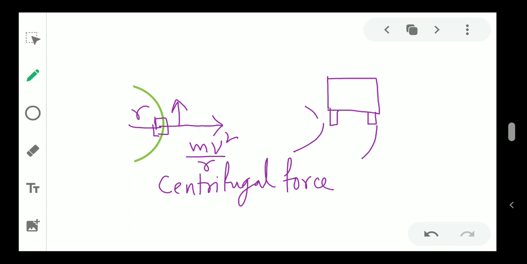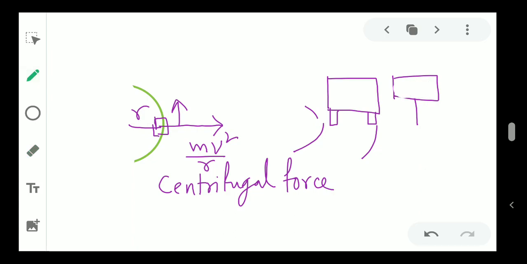So we have to ensure that this situation does not arise. So we have some velocity limit. You can see that in some places near a bend it is written that the maximum velocity is 20 or something else. So how do they calculate this velocity? We are going to calculate this one.